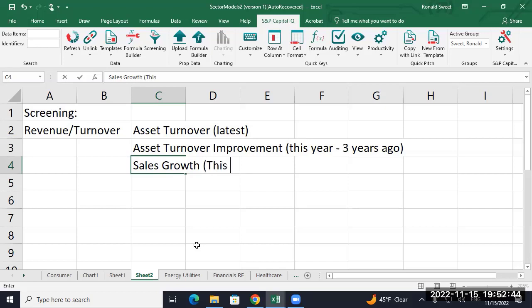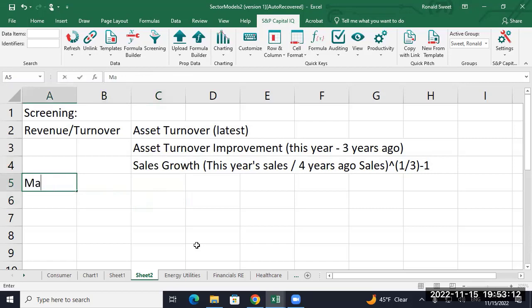You'd have to bring in this year's sales divided by, I don't know, 4 years ago sales, raised to the 1/3 minus 1. You'd have to bring in 2 years of sales, unless Cap IQ has a 3-year sales growth. I don't think they do have stuff like that. I think you have to calculate those things yourself.